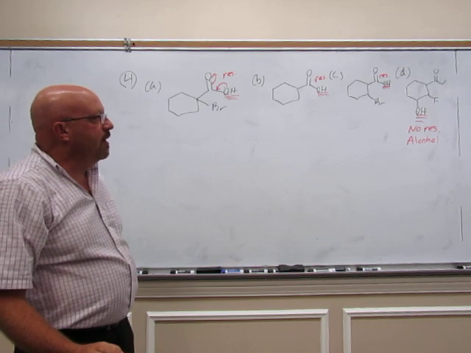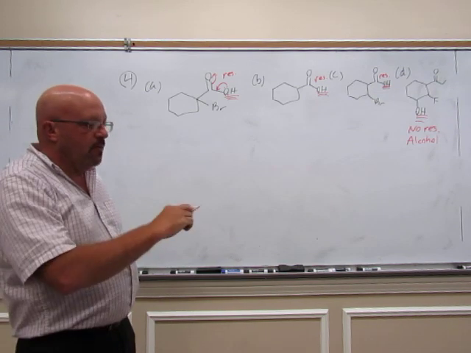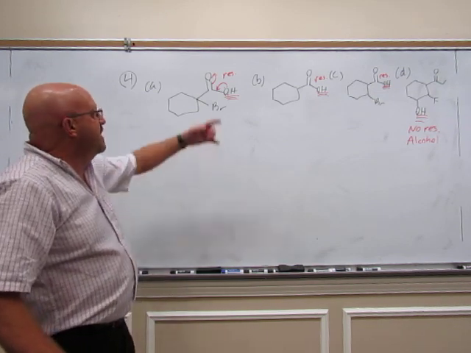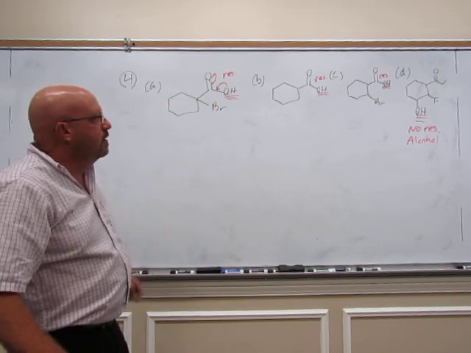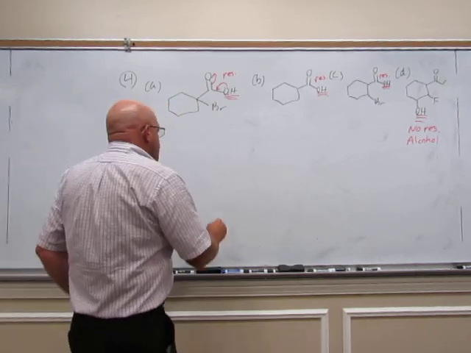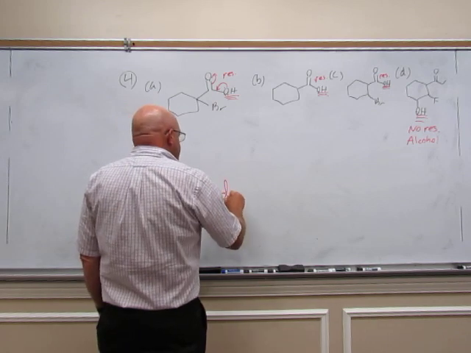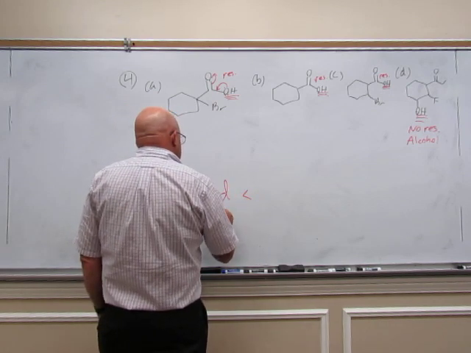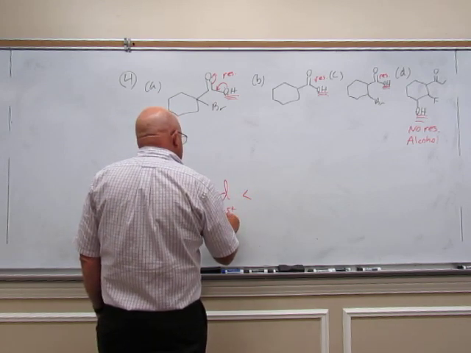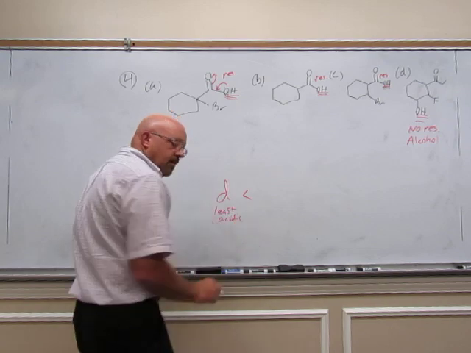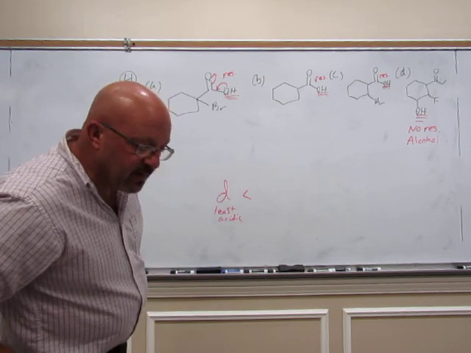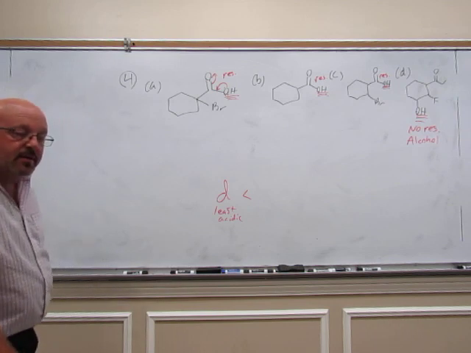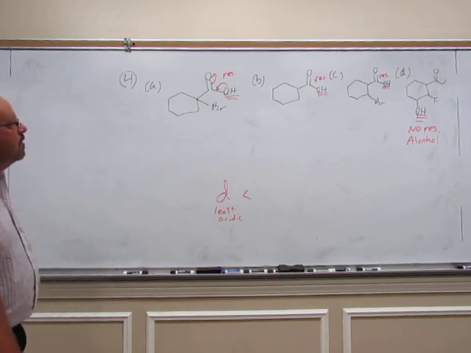So we've got one figured out, the alcohol, no resonance there. That's less acidic than the carboxylic acids. So D is the least acidic. It did say in order of increasing acidity, so we put the least acidic first. That's the order of increasing acidity.